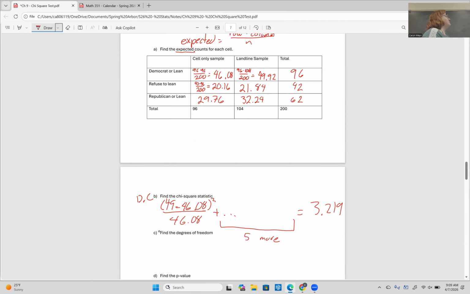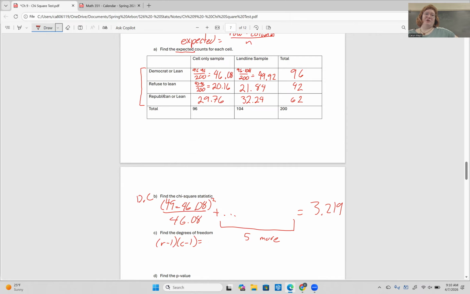Since we have multiple rows and columns, how would we find the degrees of freedom? Rows minus 1 times columns minus 1. How many rows? 3 and 2.